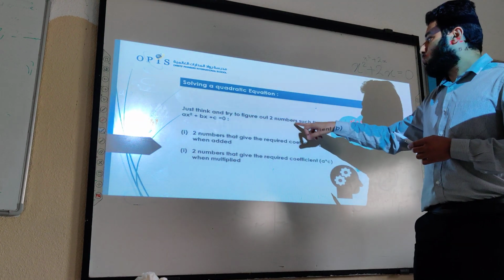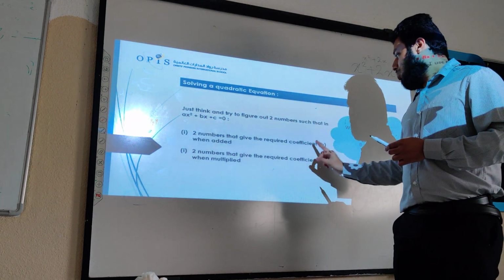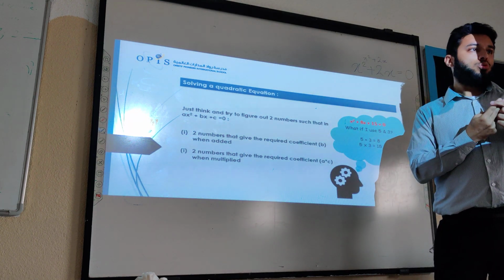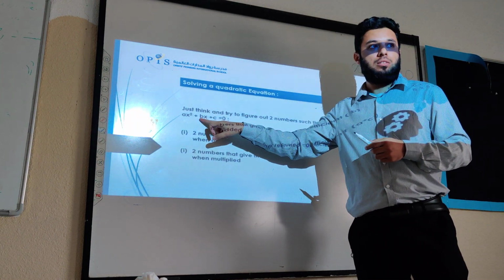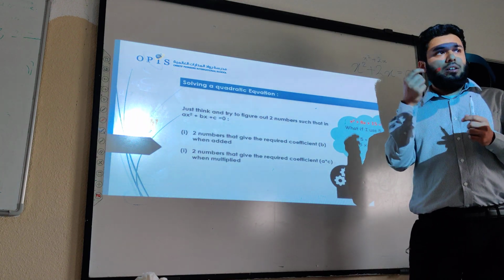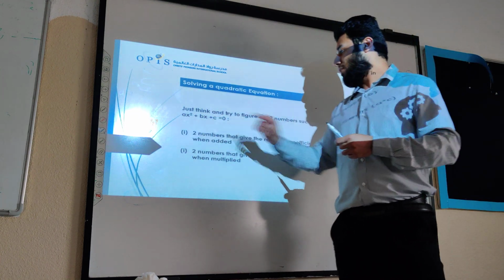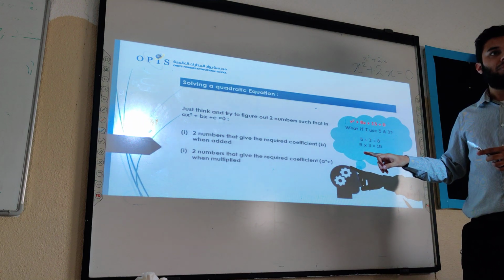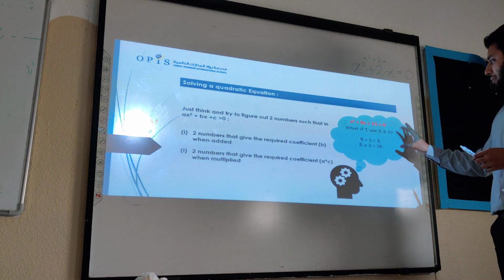Think and try to figure out 2 numbers such that, in ax square plus bx plus c, by addition they give the coefficient of x, that is b, and their product is equal to a times c. So we need two numbers that multiplied together equal a multiplied by c, and added together equal b.